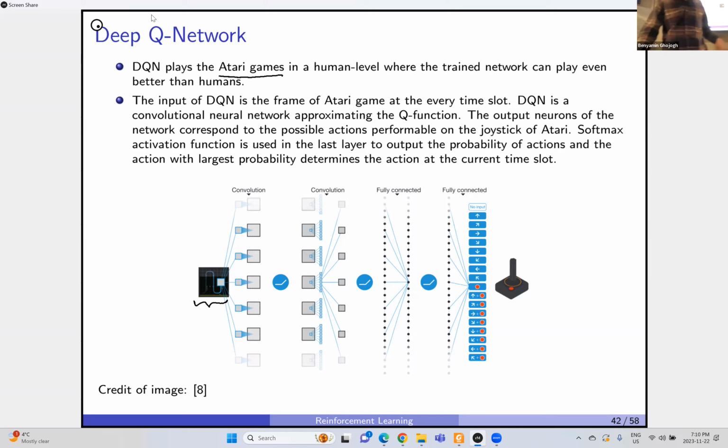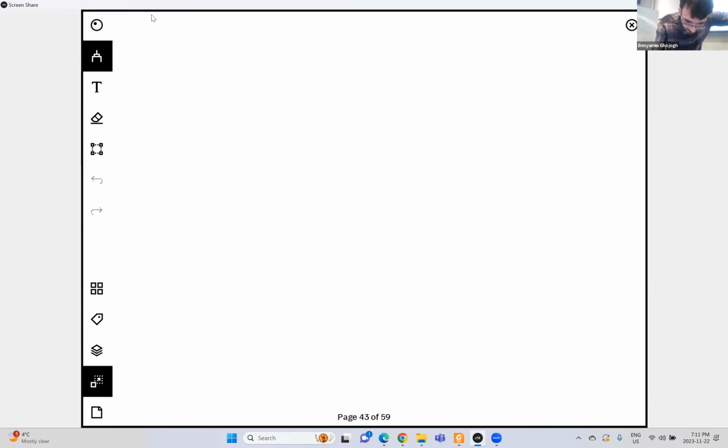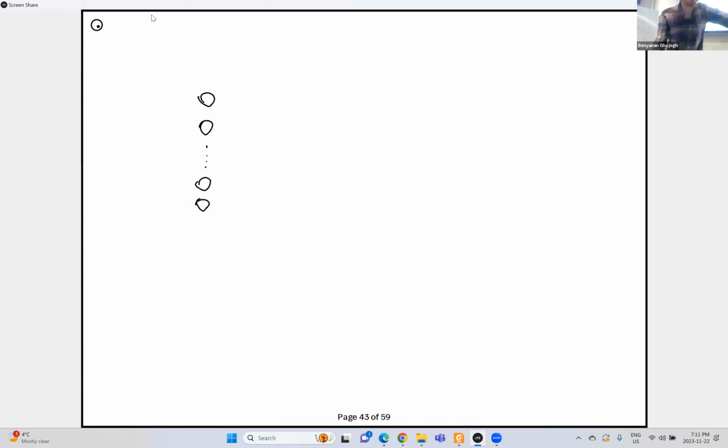So what is a convolutional neural network? Let me tell you briefly if you don't know that. First, assume a fully connected neural network. I have a bunch of neurons, and a bunch of neurons in the next layer, and I connect these neurons to each other. Every neuron of a layer is connected to every neuron in the next layer.